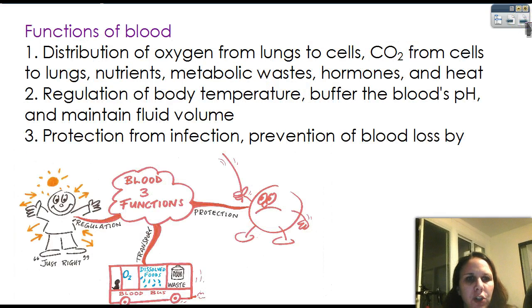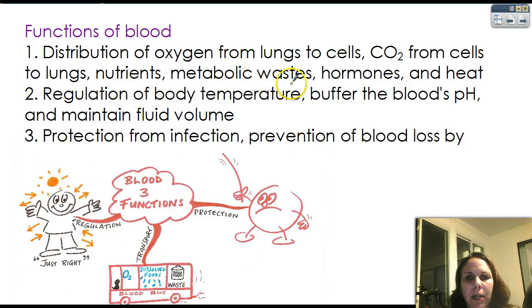There's 3 main functions of blood, and they all work to maintain homeostasis. One of them is distribution or delivery. In this little picture down here of the bus, we can see some of the things it has to do. It's got to take oxygen from our lungs to our body. It's got to take carbon dioxide from the cells back to the lungs. It's got to take the food that we eat, the nutrients, and deliver it to every cell to feed our body.